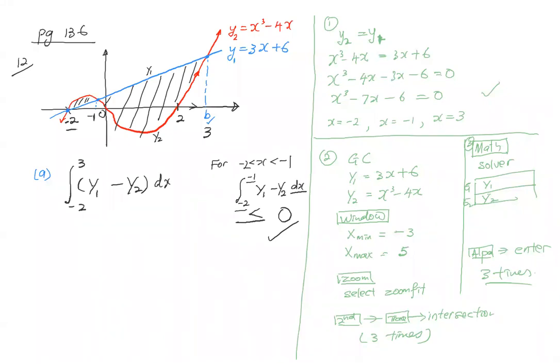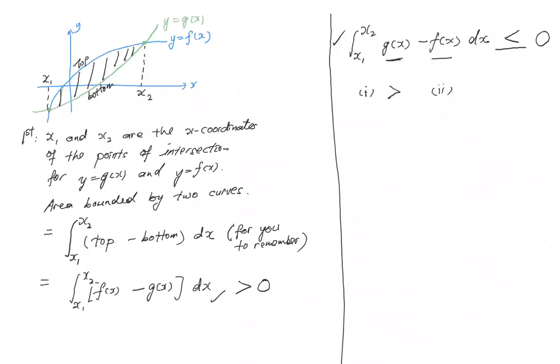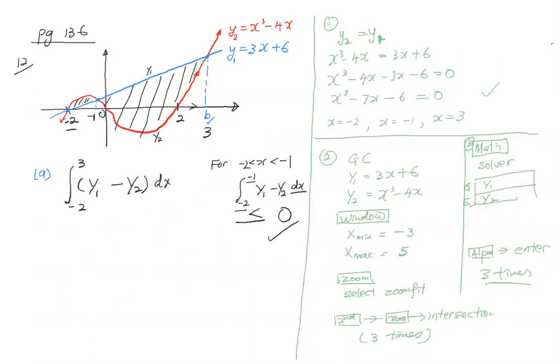I told you if I want to find the area bounded by the curve, it must be the top curve minus the bottom curve. Am I right? Yes. So if I do it the other way around, I will get less than 0. Am I right? Yes.